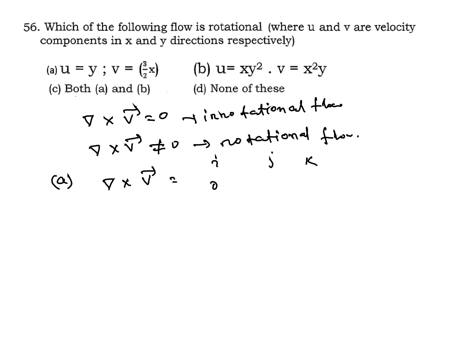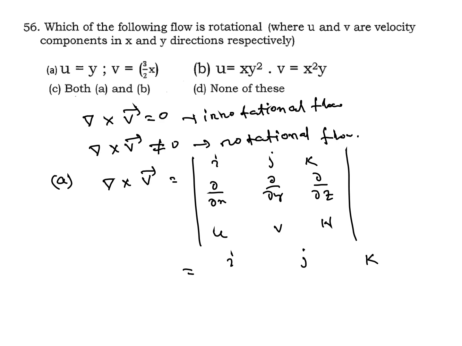W is 0 here, so i j k, del by del x, del by del y, del by del z, u given as y, v as 3 by 2 x, 0.